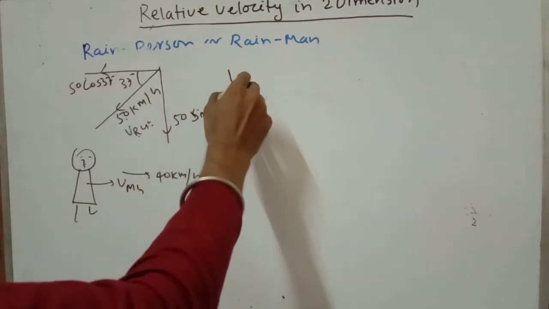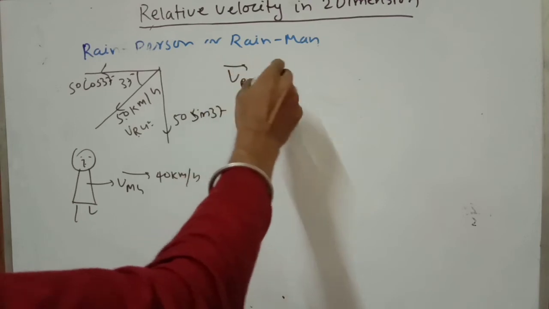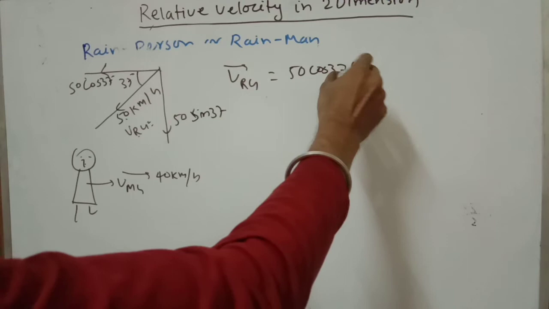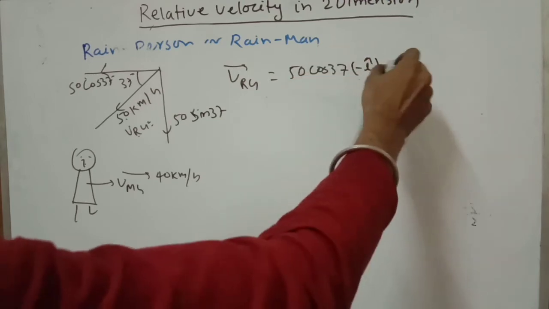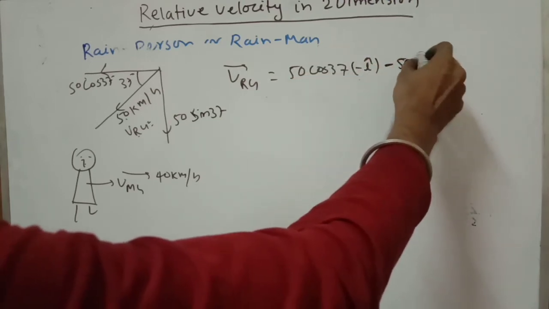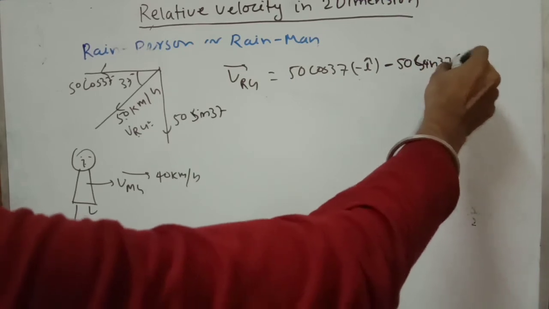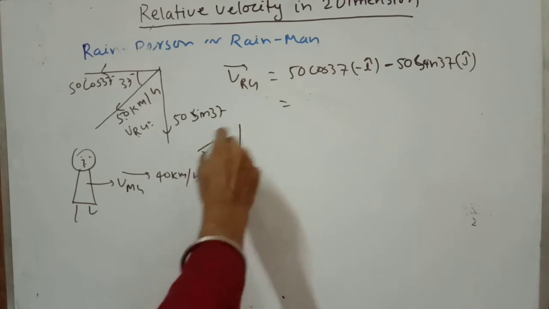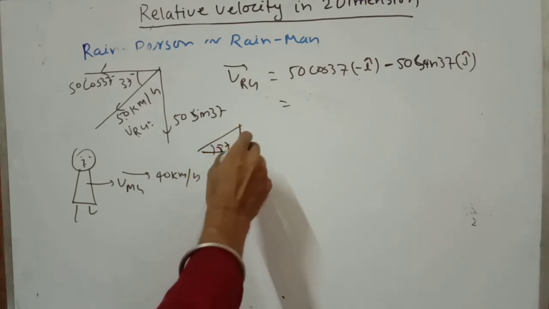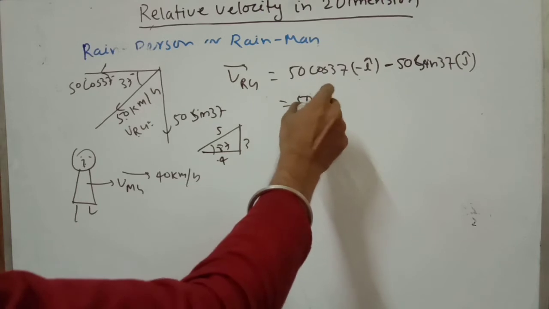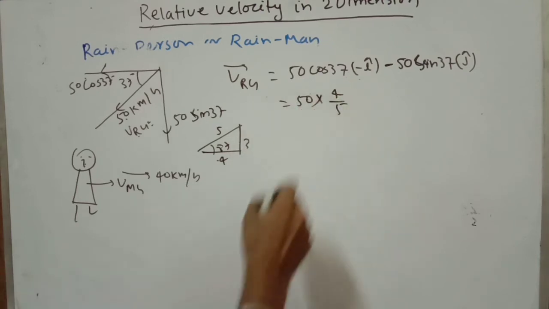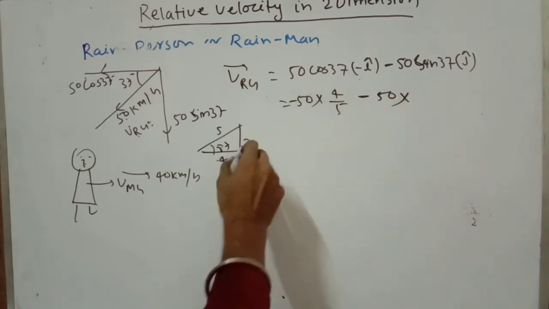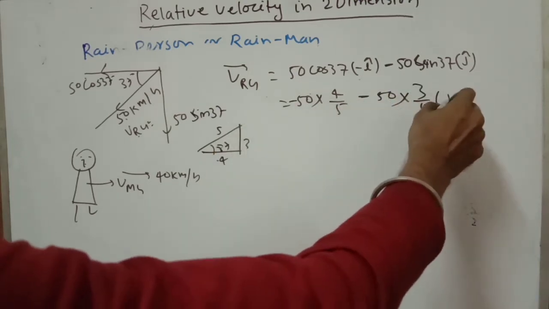So you can write the velocity of rain with respect to ground as minus 50 cos 37 i cap and minus 50 sin 37 j cap. Cos 37 we already told, that means 4 by 5, and sin 37 is 3 by 5.